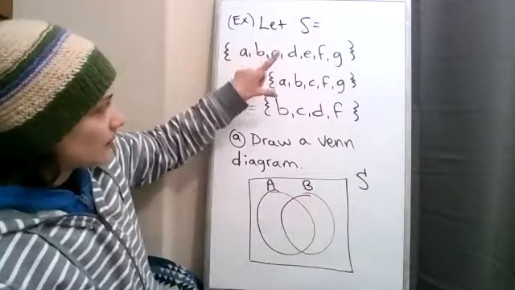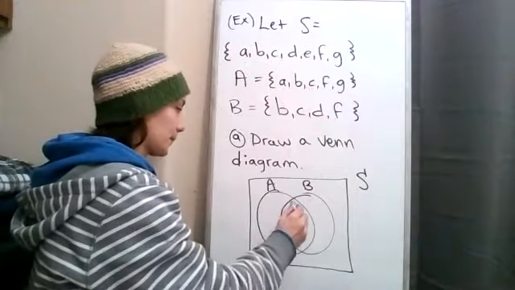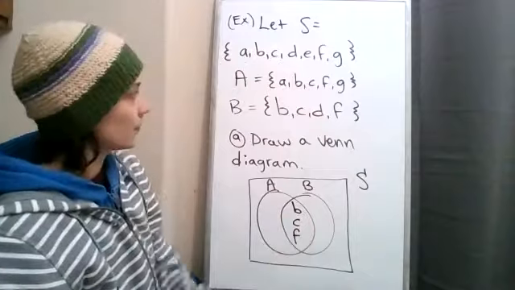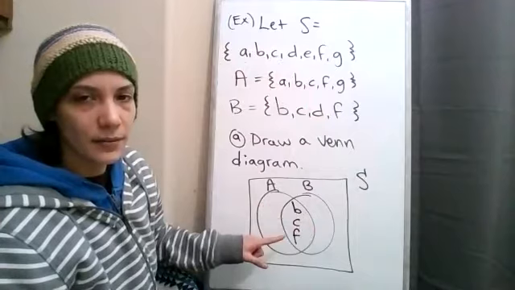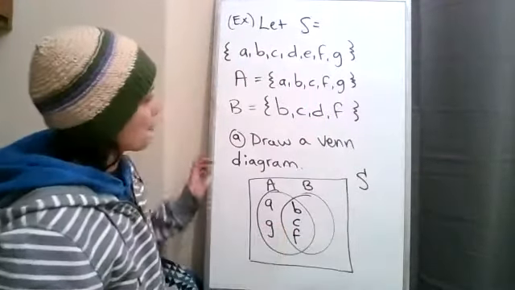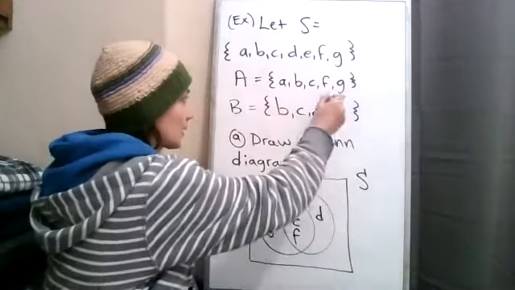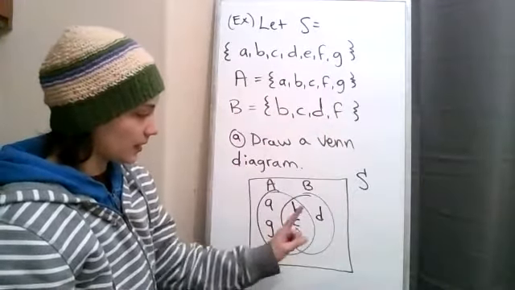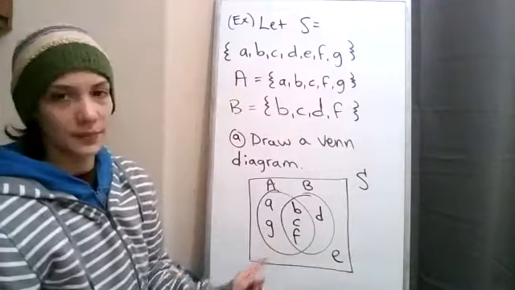They share B, C, and F. This set needs, let's see, A, B, C, F, and G. B, C, D. Cool. And A, B, C, D, E, F, G.